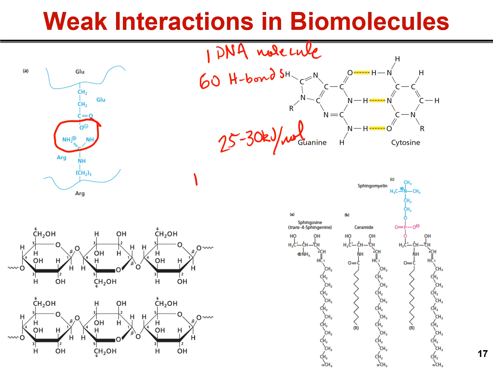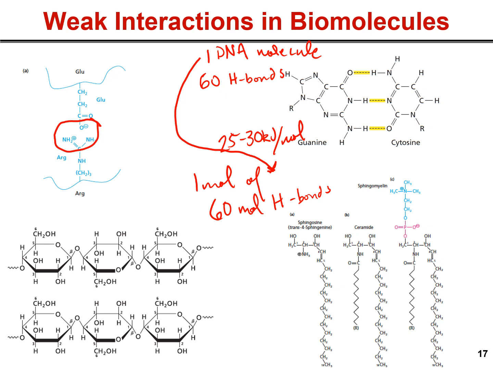Now let's say that I have 1 mole of this same DNA molecule. So I'm going to just draw a line, 1 mole of that. Well, that means you actually have 60 moles of hydrogen bonds.